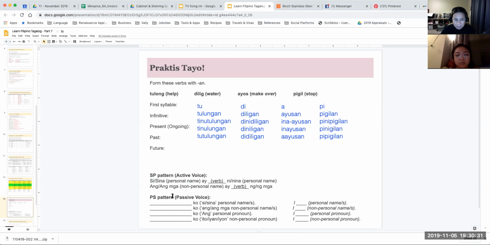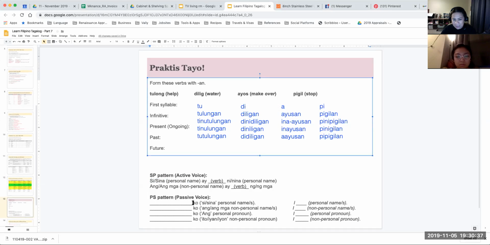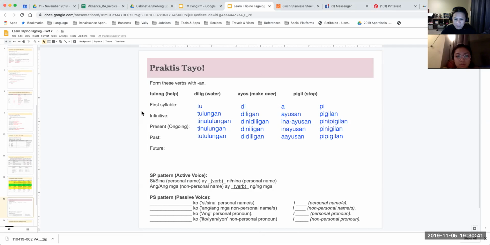So let's do the PS pattern at the bottom. If you use the PS pattern, it is the verb followed by a pronoun. For example, pick one of these verbs here. Tulong. Which tense do you want? Let's say ongoing or present.